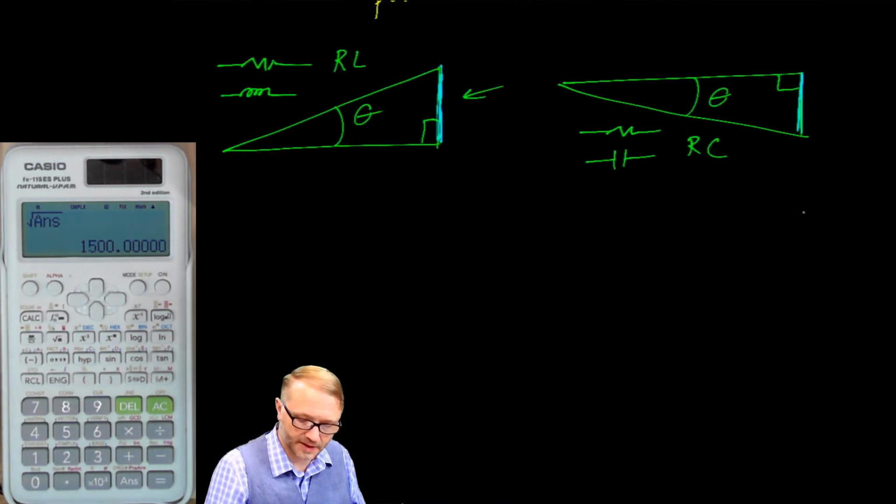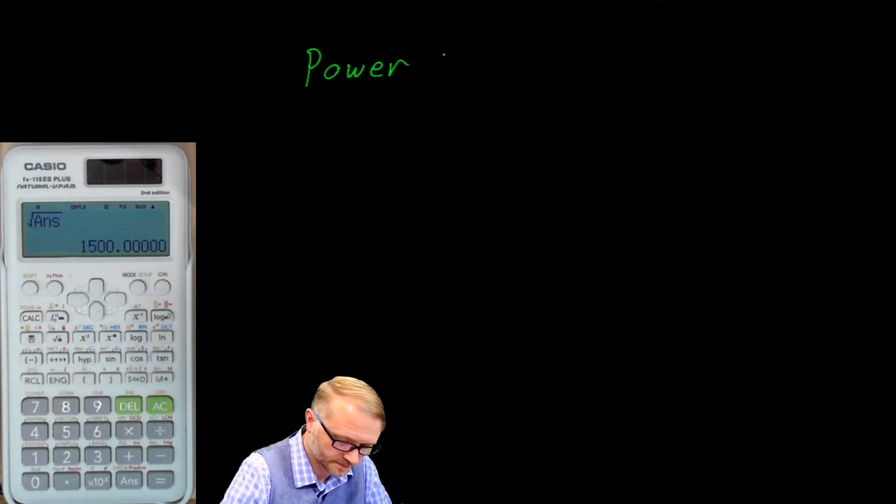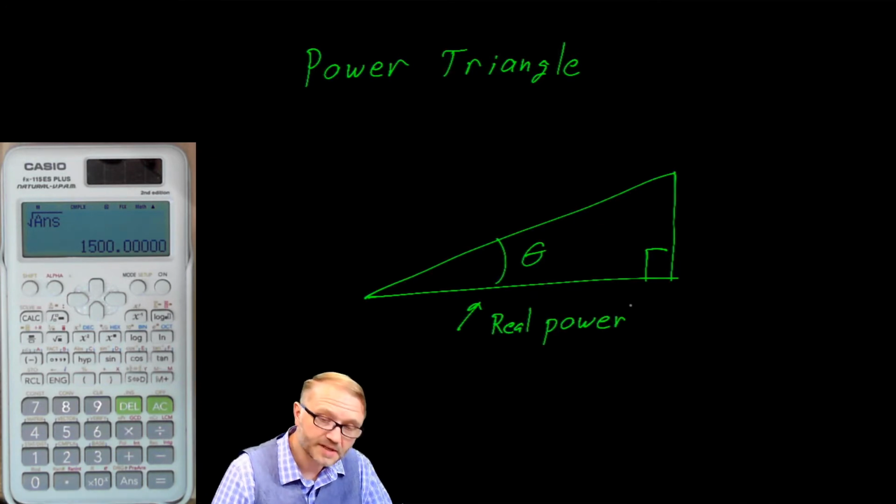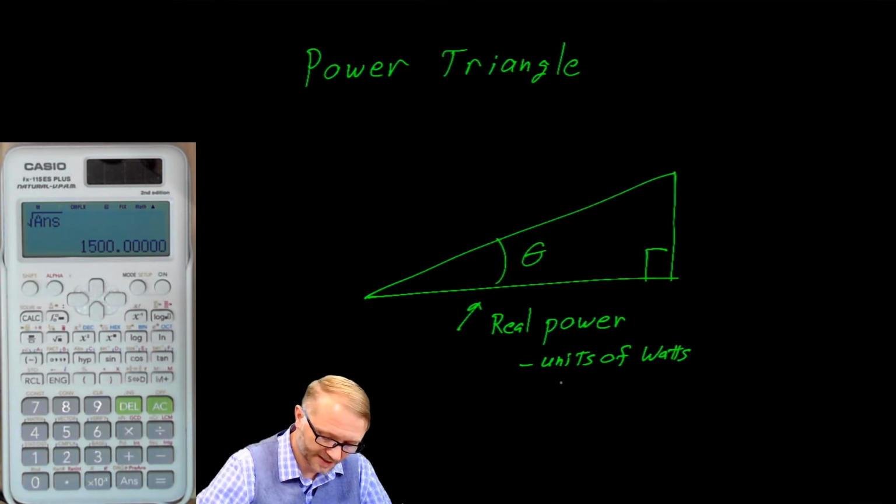Let's take another look at the power triangle. We already mentioned this was the real power. What we didn't mention is that the real power has units of watts. In DC circuits, that's the way it was as well. You talked about power in watts. When we're dealing with AC circuits, the real power is described with a symbol of P for power.